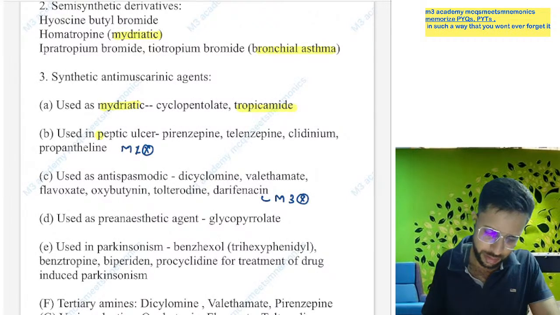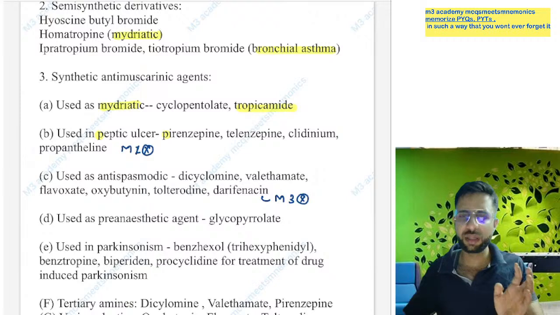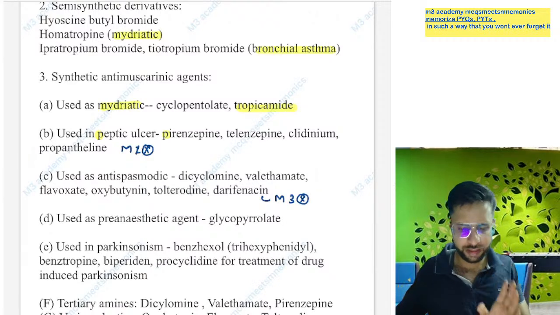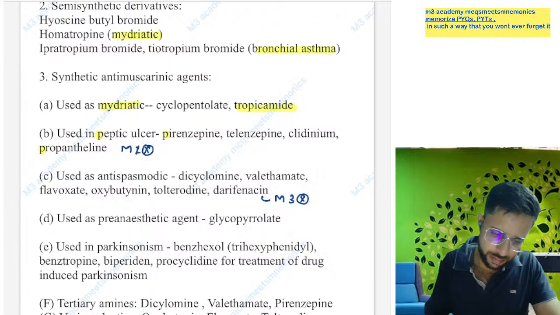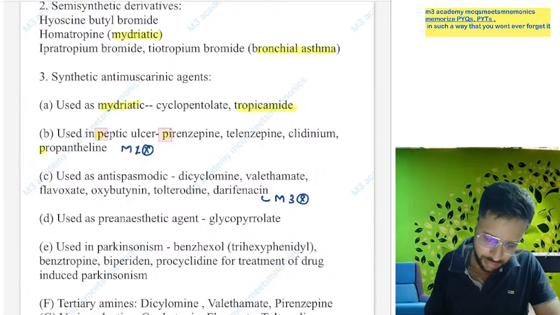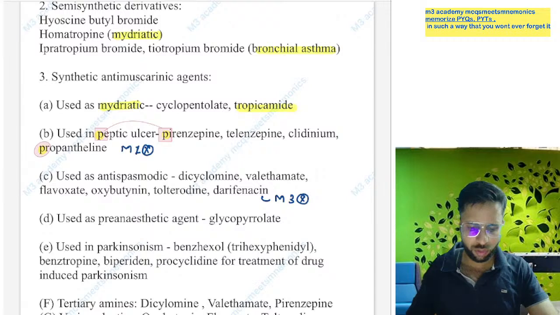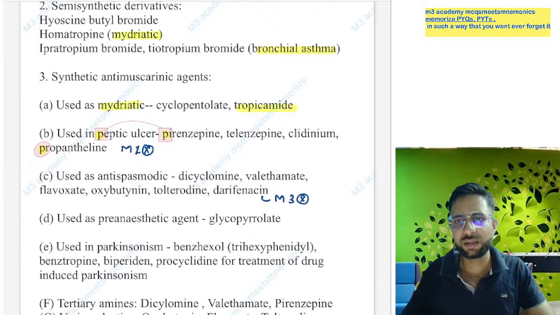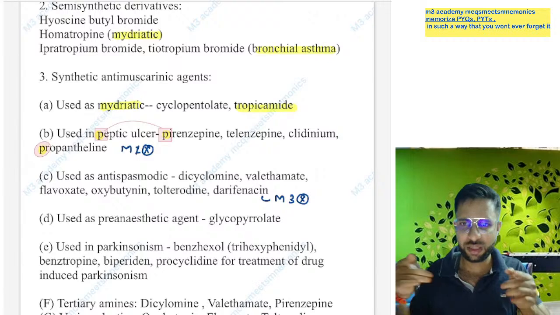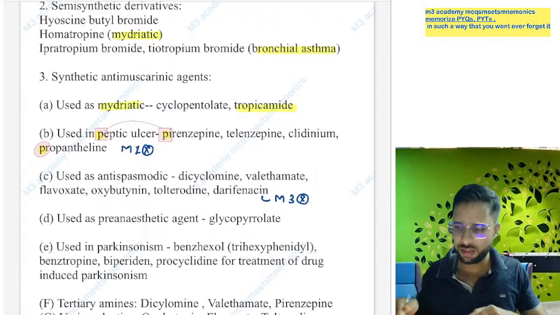Used in peptic ulcer, P4 you can remember pirenzepine, telenzepine, clidinium and propantheline. So just match the P from the P4 peptic ulcer, P4 pirenzepine, P4 propantheline. Why this? Because M1 receptor is present on the gastric gland. If you inhibit this M1 receptor, this is used in peptic ulcer.